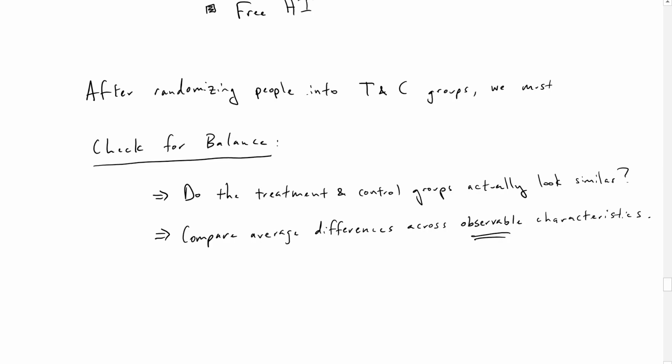And essentially, if we find that there's no statistically significant difference between what's observable between these groups of people, then it's going to be highly likely that their unobservable differences are going to be the same too. And so we're going to do this every time.